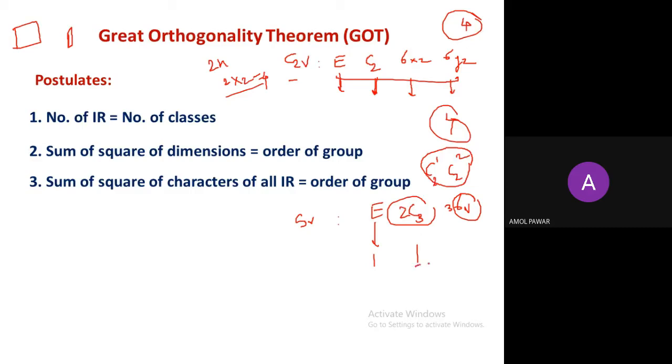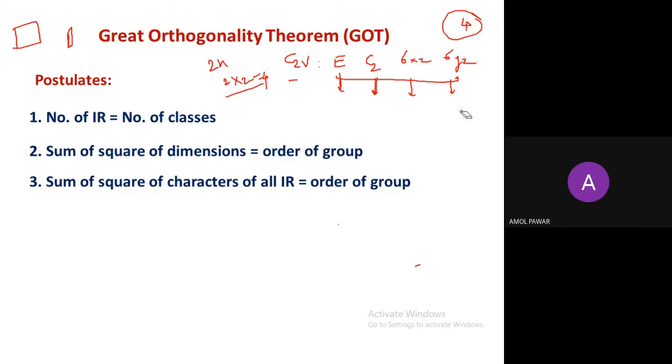For sigma V, the class is 1, because sigma V, sigma V prime, and sigma V double prime are in one class. So for the ammonia molecule, the class is 3. Did you understand? Order is different, class is different. Now the first postulate is that the number of irreducible representations is equal to the number of classes.